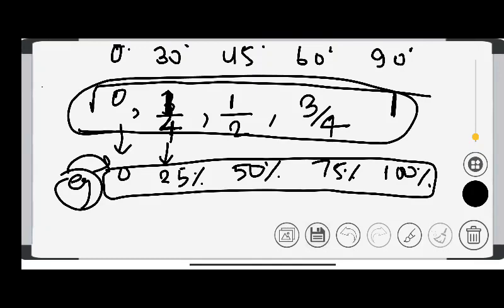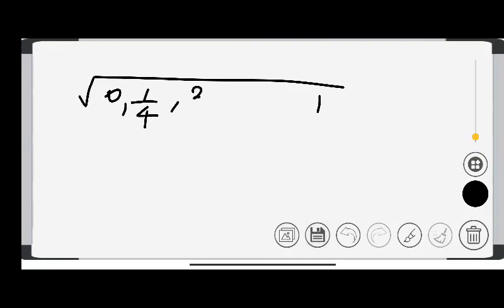The numbers that lie between 0 and 1 are 0, 1 by 4, 1 by 2, then 3 by 4, and 1.